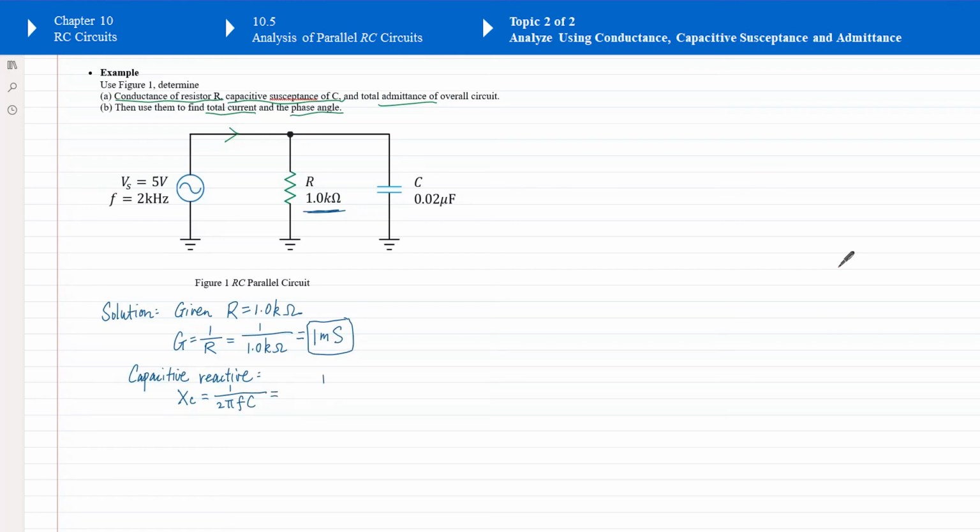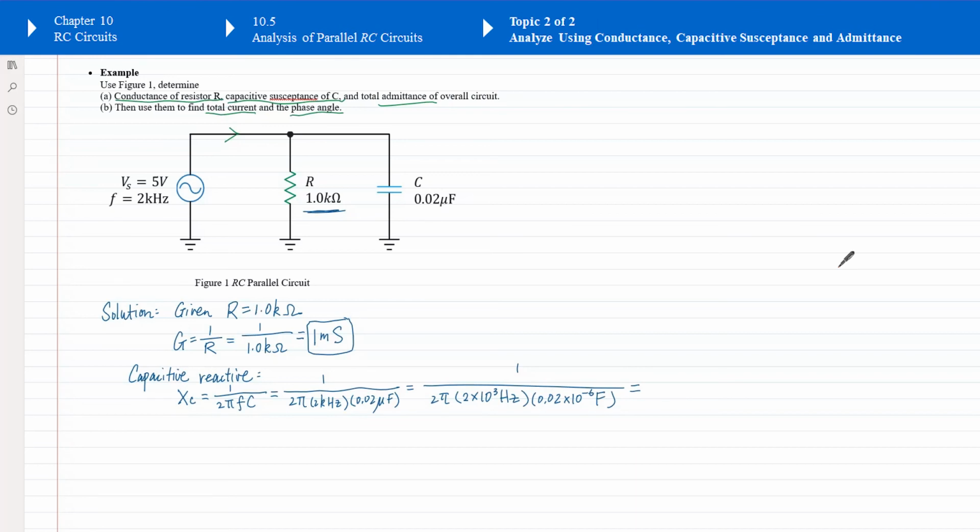Plug in the numbers, it is 2 pi, so 2 kilohertz is the signal's frequency, times capacitance 0.02 microfarad. And this is 2 pi. 2 kilohertz is 2 times 10 to the power 3 hertz, converted to the standard unit. And then 0.02 microfarad is times 10 to the power negative 6 farad.